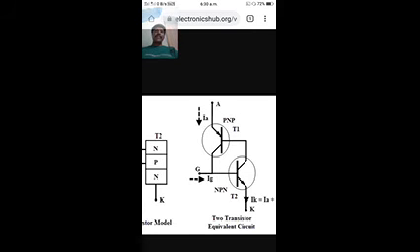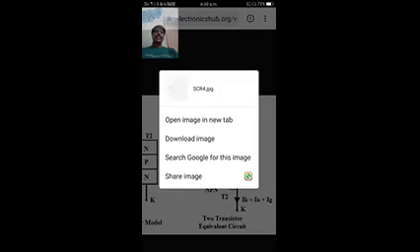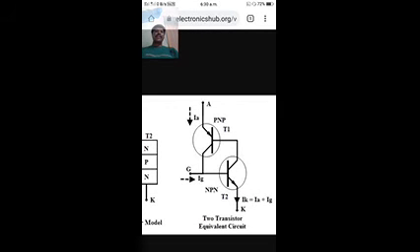If there is no gate current at the base of T2, there is no collector current, so there is no base current of T1, and therefore there is no collector current at T1.